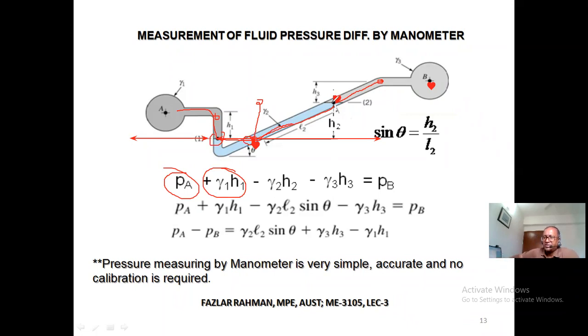The incline is a long distance, but we consider only the vertical height because pressure depends on vertical height. You are moving upward, so that will be negative: minus H2 gamma 2. Now from here, you need to come over here, so the vertical height is H3, so minus gamma 3 H3 equals PB. Then you just take the difference, okay?